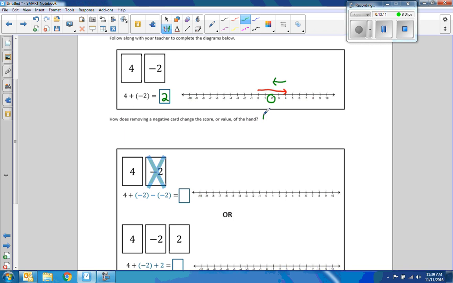Okay, so you would say if I remove or discard the negative 2, my score would increase by 2.